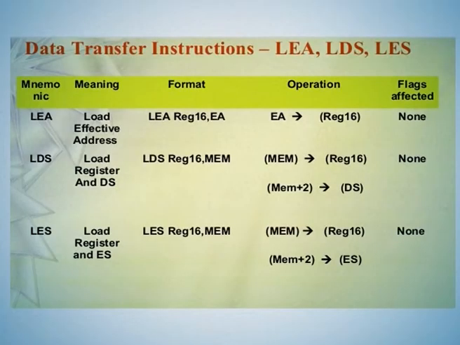The value of the offset is represented by the value input as shown in the instruction. The other two instructions, LDS and LES, are similar to LEA except that they load the specified register as well as the DS or ES segment register.